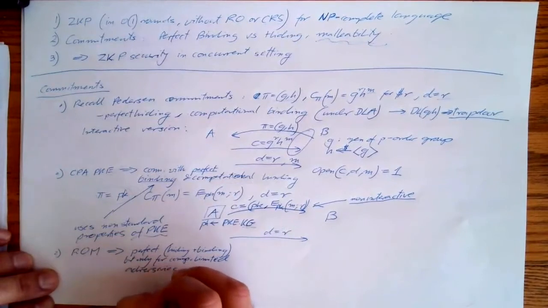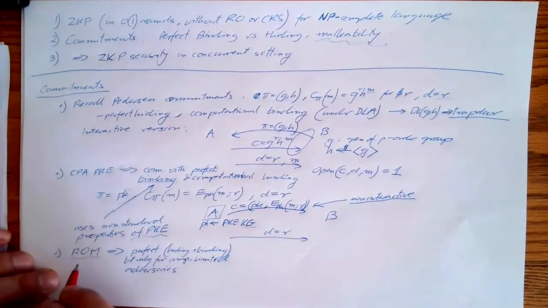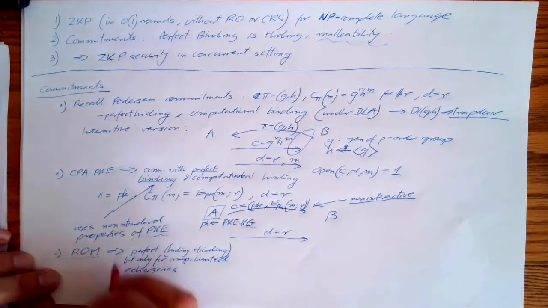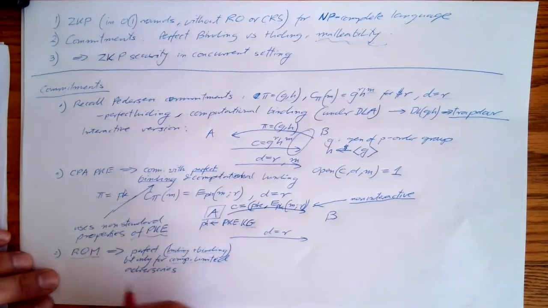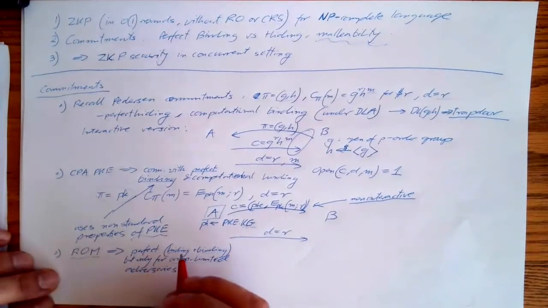So in what sense is it perfect? Well, if you believe that the hash function is a true random oracle, then there are no computational assumptions behind either hiding or binding. The only assumption is how many hash oracle queries the adversary can make. And as long as that number is limited, is polynomial, you get unconditional hiding and binding.